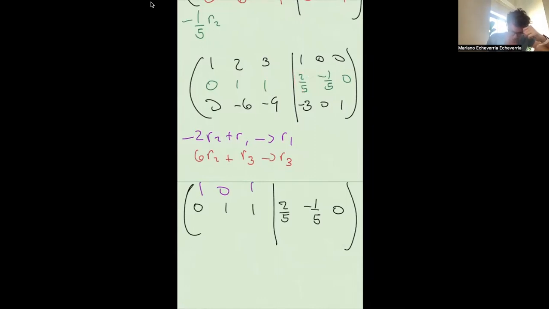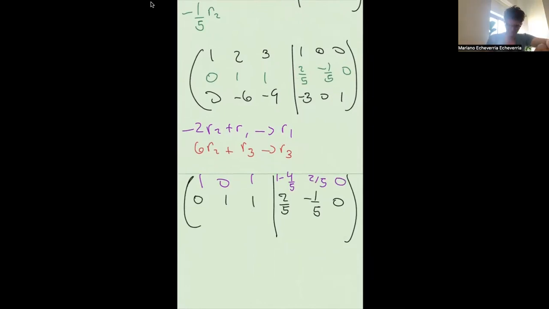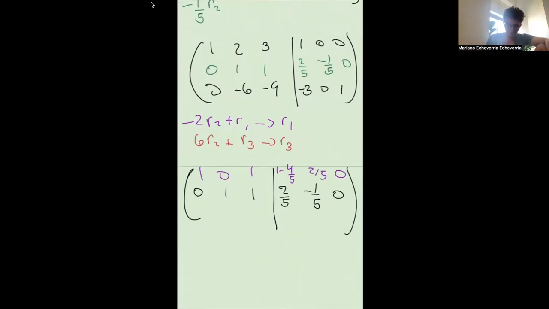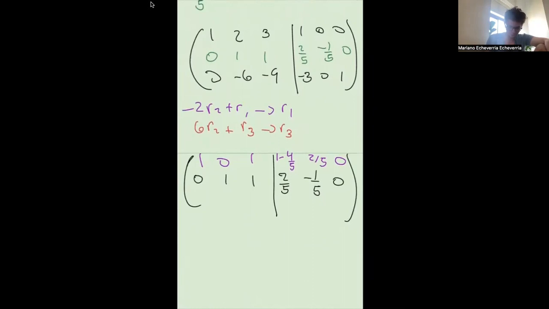Okay, it's better to write this one out because it's fractions, so I don't want to get confused. 1 minus 4/5, and then this one is 2/5. That one is 0. And then just look at the last row: 0, 0. That's good. And then this is -3.